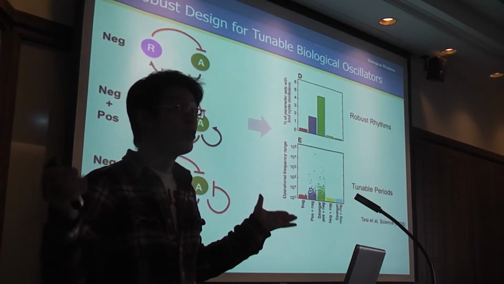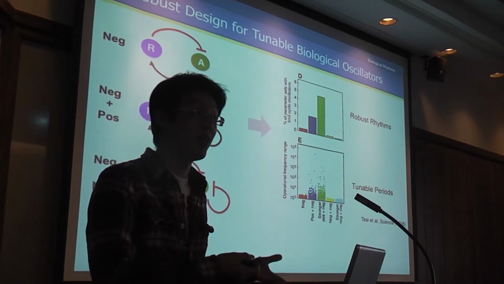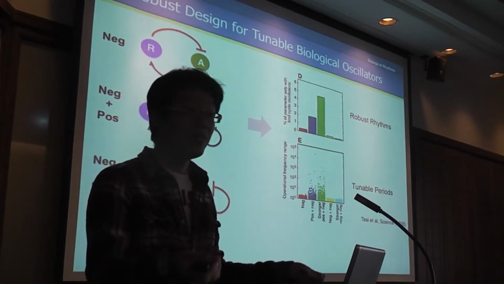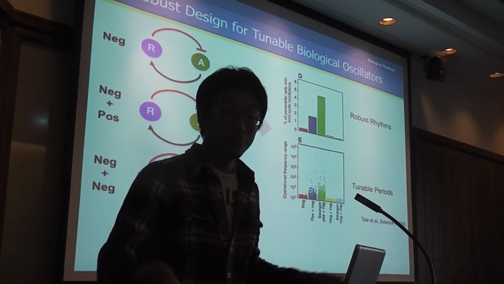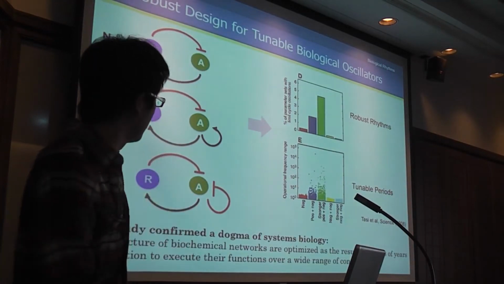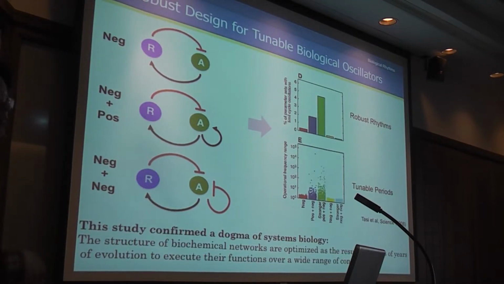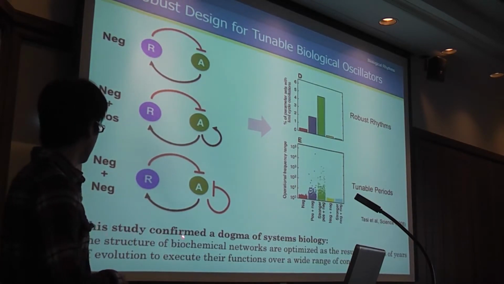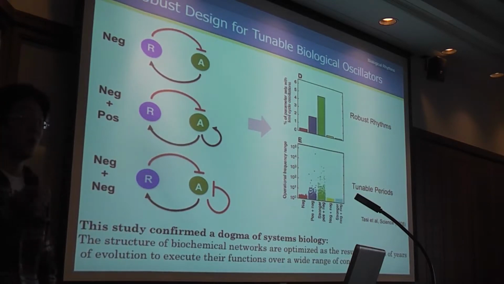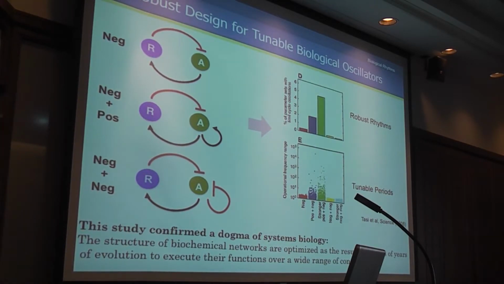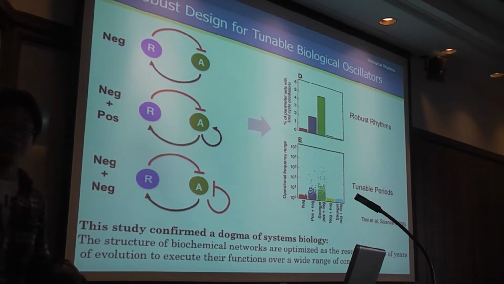So this is a really good design for something like the heart or cell cycle, which needs to generate rhythm with a wide range of frequency. This study was published in Science a couple years ago. It got lots of spotlight because this study confirmed a hypothesis or dogma of systems biology. Lots of systems biology papers claim that the structures of biochemical networks are optimized as a result of billions of years of evolution to execute their function, right?